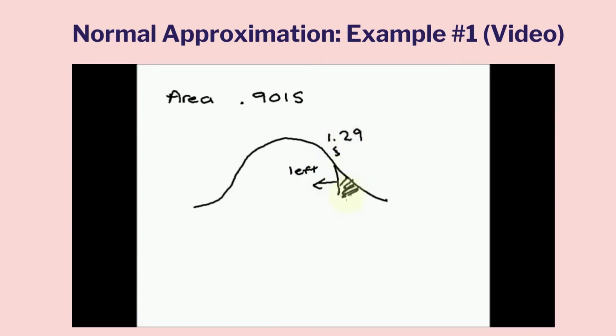What we want is this area here, so we're going to need to subtract the score from 1. 1 minus 0.9015 is equal to 0.0985. And this is the area right of that z-score, and this is our probability for x is greater than or equal to 8.